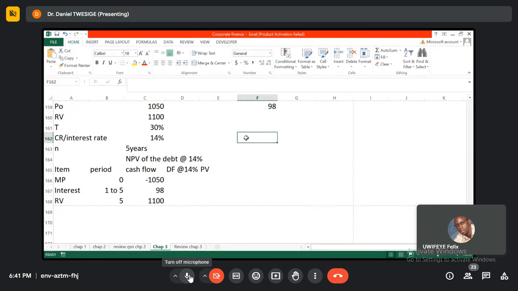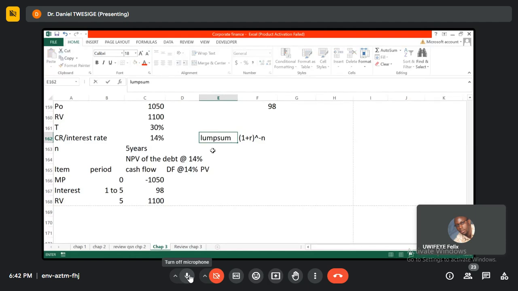Is it 1 plus interest, our interest, power minus n? This is a lump sum.